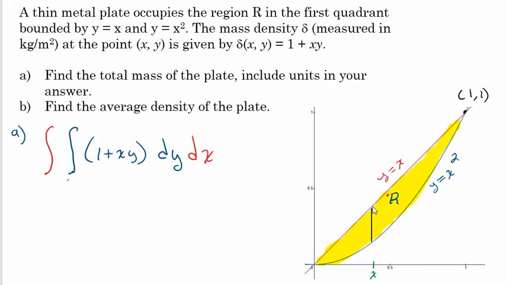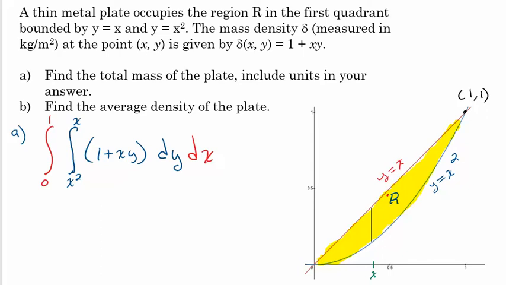The lower bound is x squared, and the upper bound is x. That gives us a formula for the area of a slice. If we give that slice a thickness of dx, then we'll be able to add up all the slices from 0 to 1, and the dx gets smaller and smaller. That's the Riemann sum and all that good stuff.